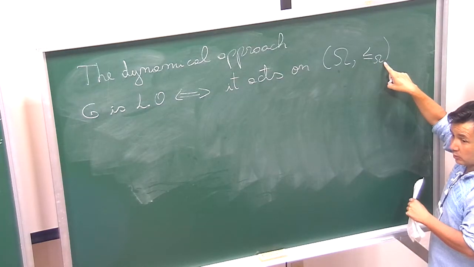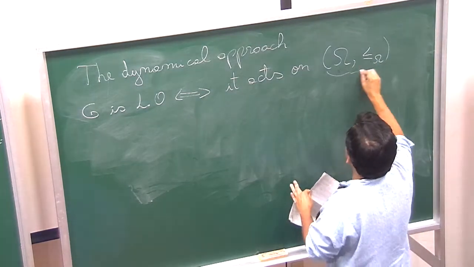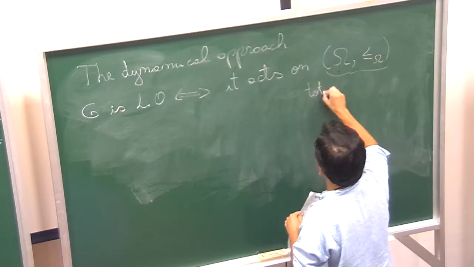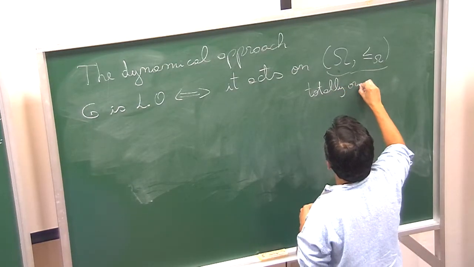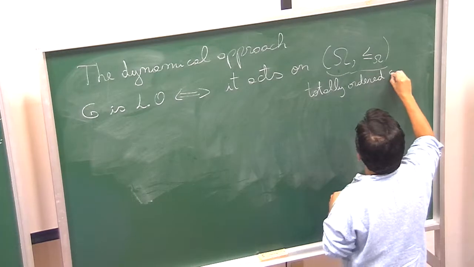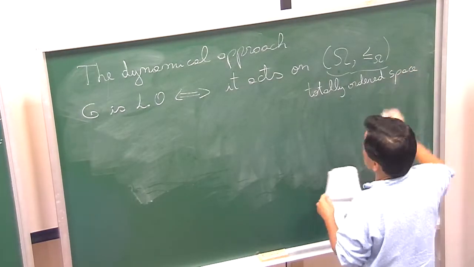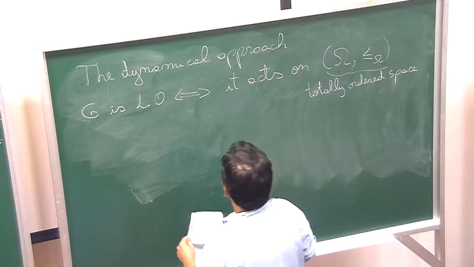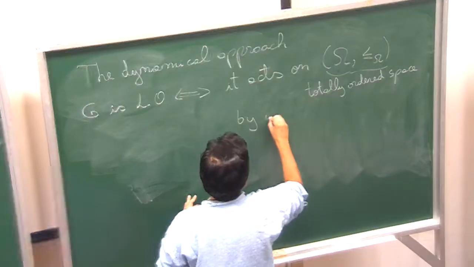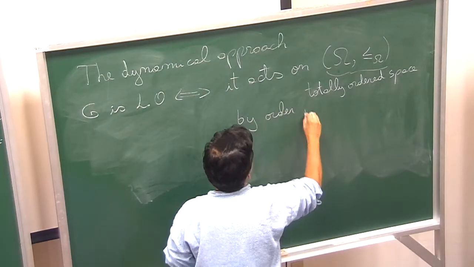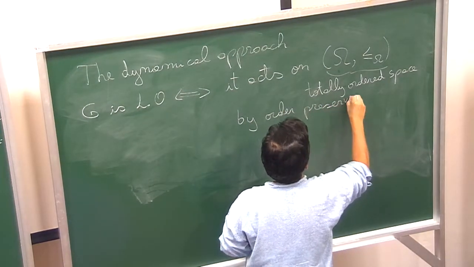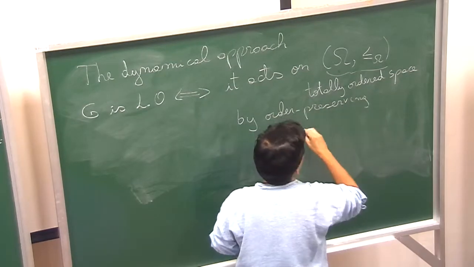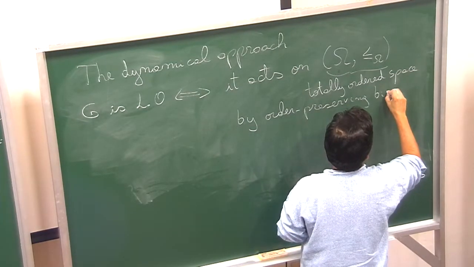This is why I put an Omega here, which is a totally ordered space. It acts by order preserving maps, of course, order preserving bijections.